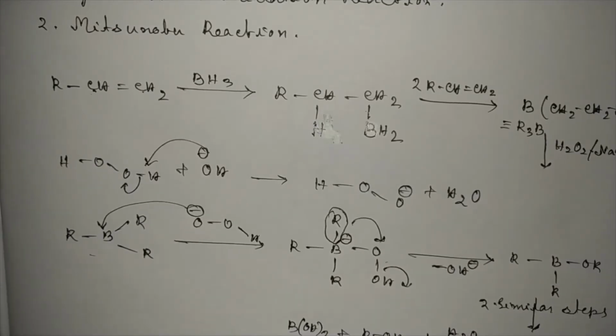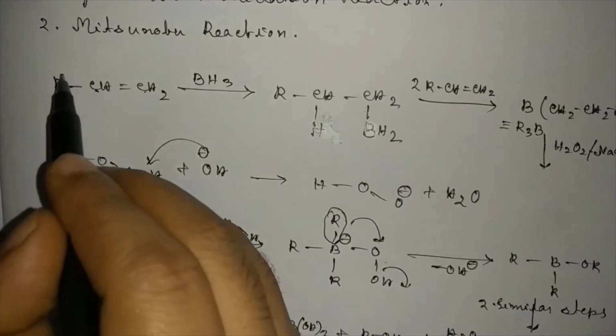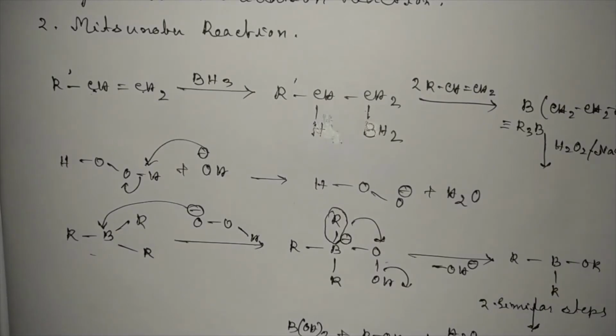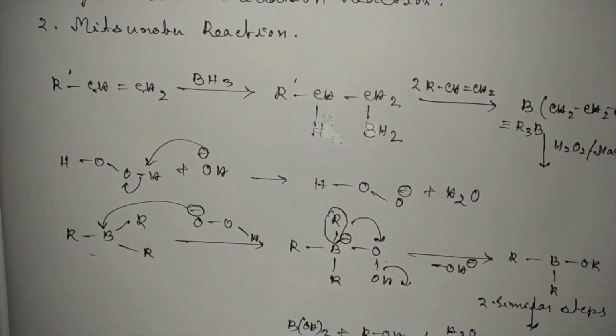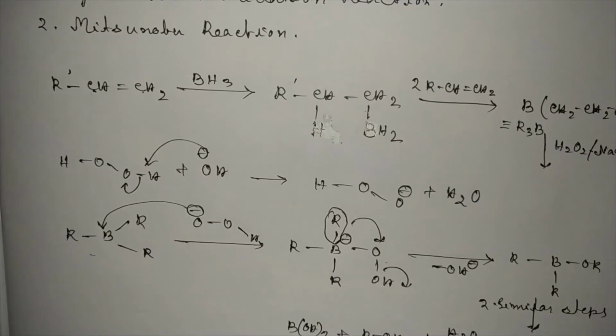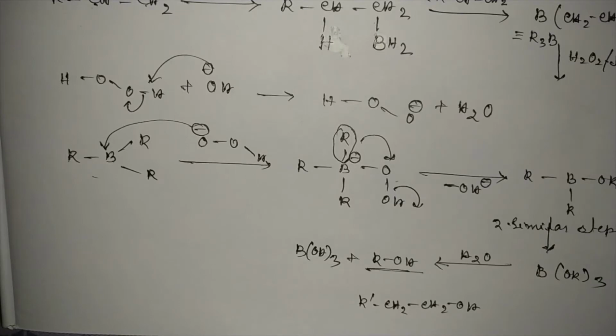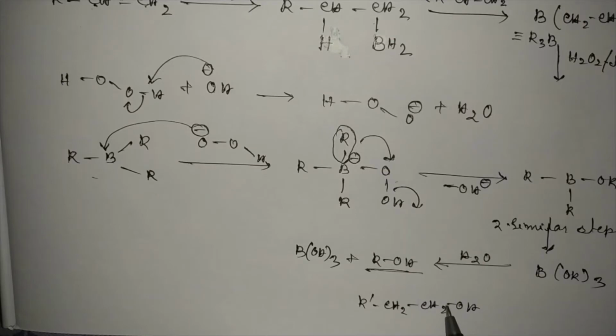Now what is ROH? Let's say this is R prime, so ROH is R prime CH2CH2OH. So ultimately our product is the less hindered alcohol formed in this reaction.